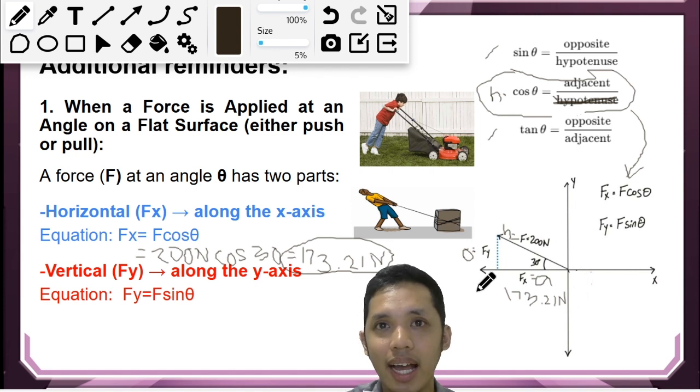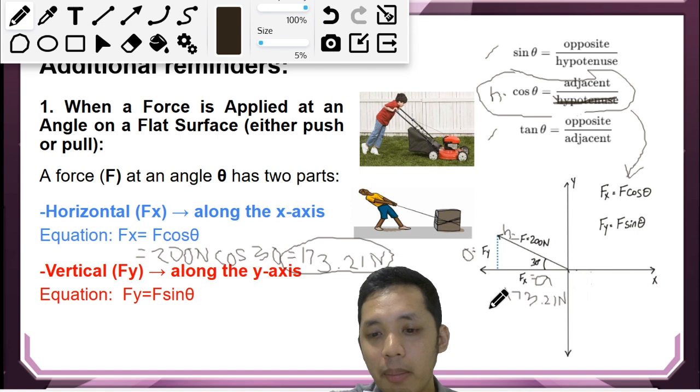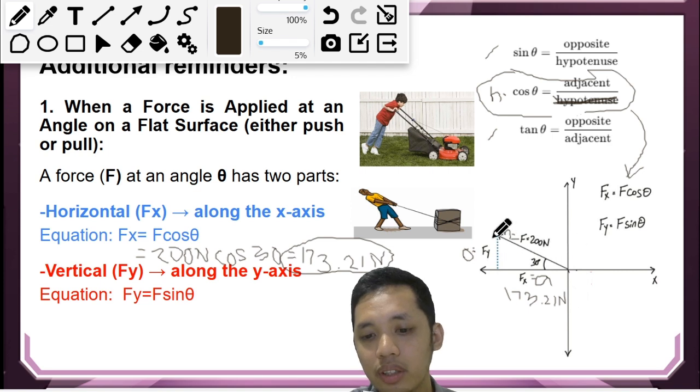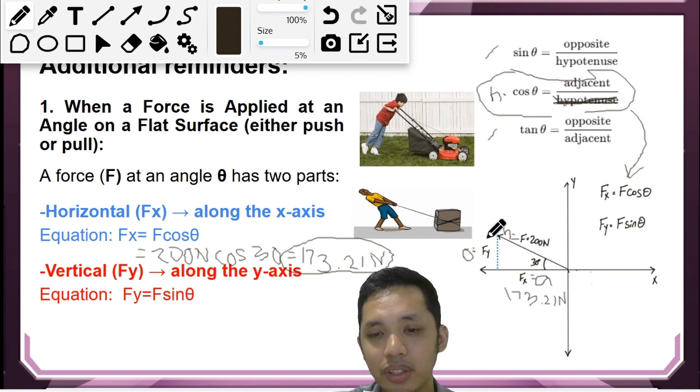But which function has the hypotenuse? Why are we looking for the function that has the hypotenuse? Because we already have the hypotenuse.